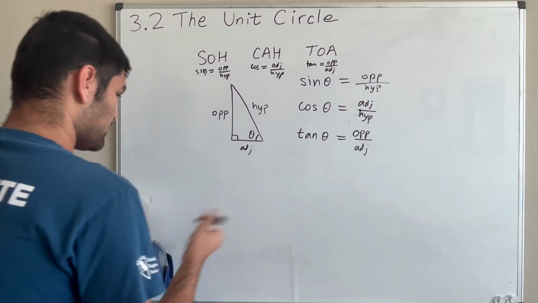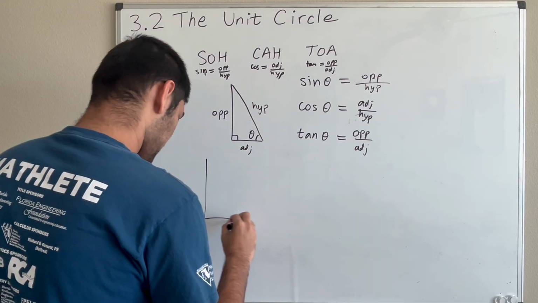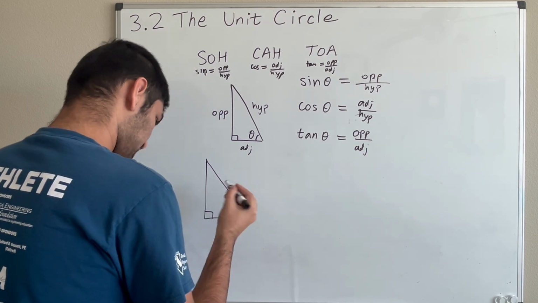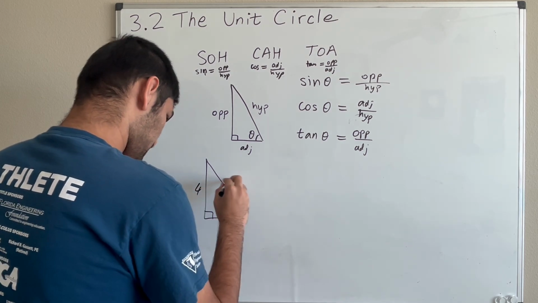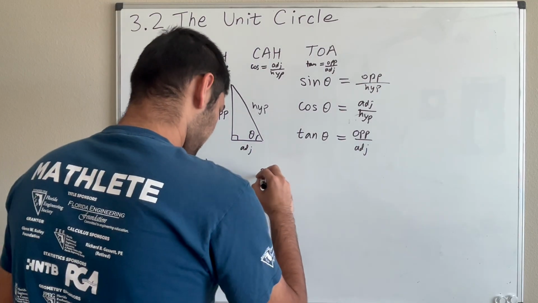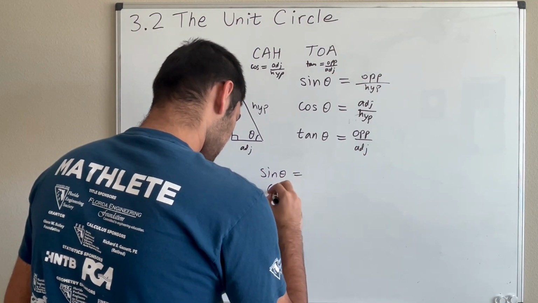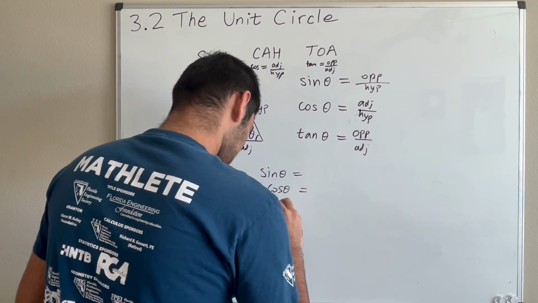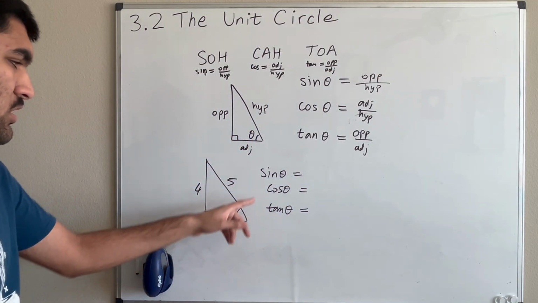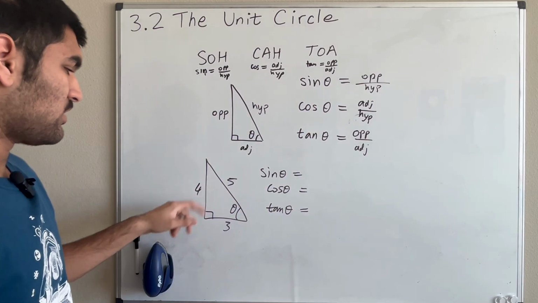So as an example, let's just say we have some right triangle like this, and this is the angle theta, and those are the side legs. And so we want to find sine of theta, cosine of theta, and tangent of theta. Right? So how would you do this? So remember, sine is opposite side over the hypotenuse.